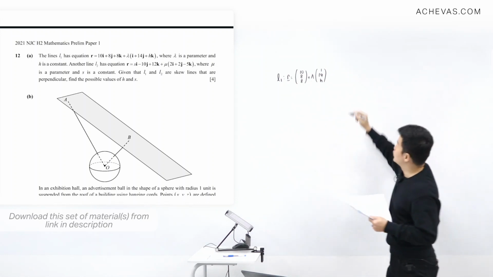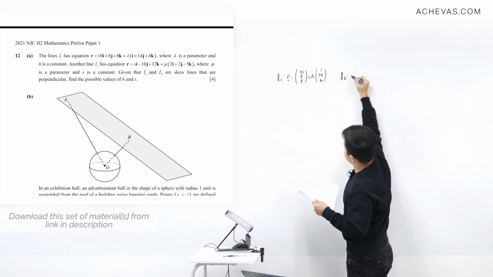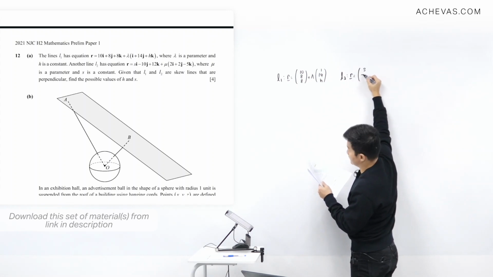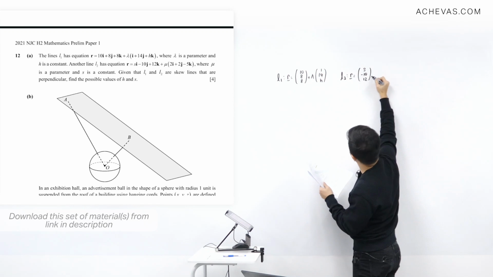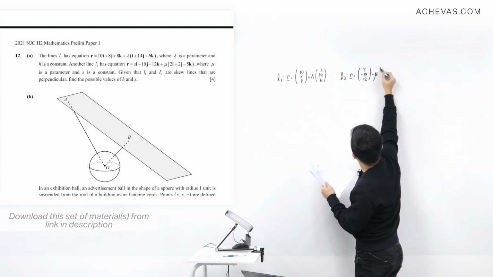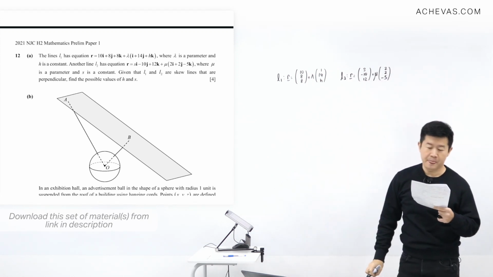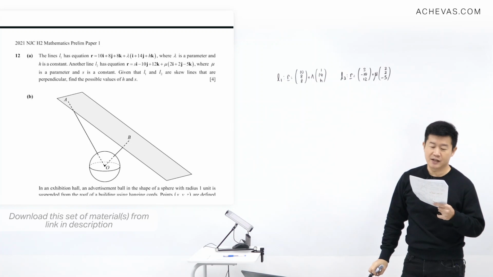And L2 is given to me as r is equal to (s, negative 10, 12) plus mu of (2, 2, negative 5). We are also given that L1 and L2 are skew lines and they are also perpendicular.